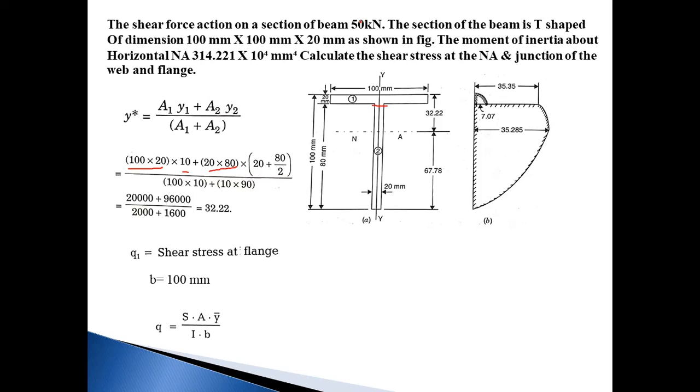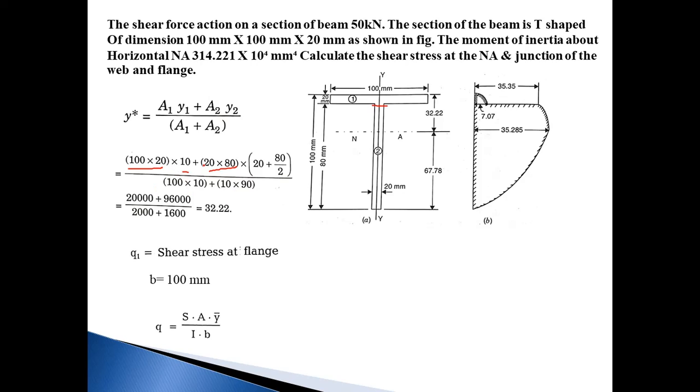Now we want to calculate y2. Y2, the CG of section number 2, is 80 by 2, which is 40 mm. But we want to calculate the CG from the top side, so we add this 20 mm. So y2 becomes 20 plus 80 by 2, divided by a1 plus a2.